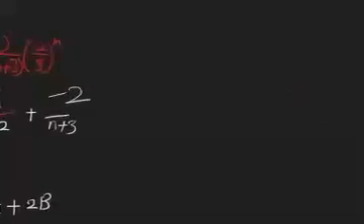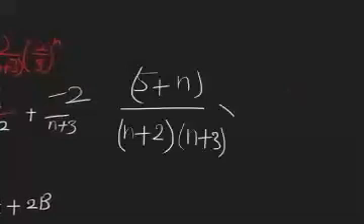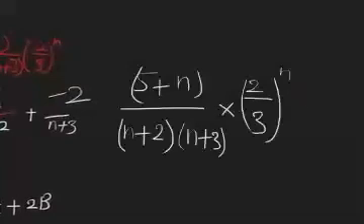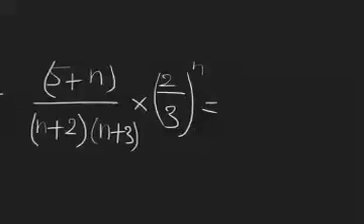So we have 5 times n divided by n plus 2 times n plus 3, multiplied by 2 to the power n over 3 to the power n, which is equal to, so first factor is n plus 2.